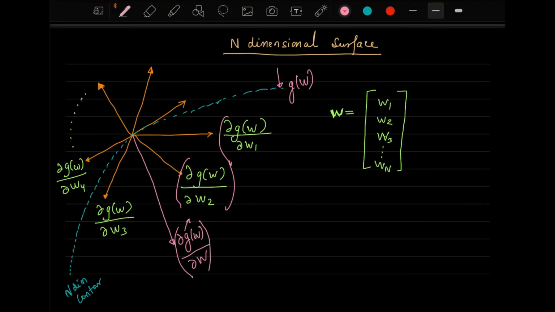So you will have all these components of this particular vector, which is the main vector, and you write w as this. So this is the situation when you have a n-dimensional surface, and this is always 90 because this particular gradient will be 90 to the contour map.